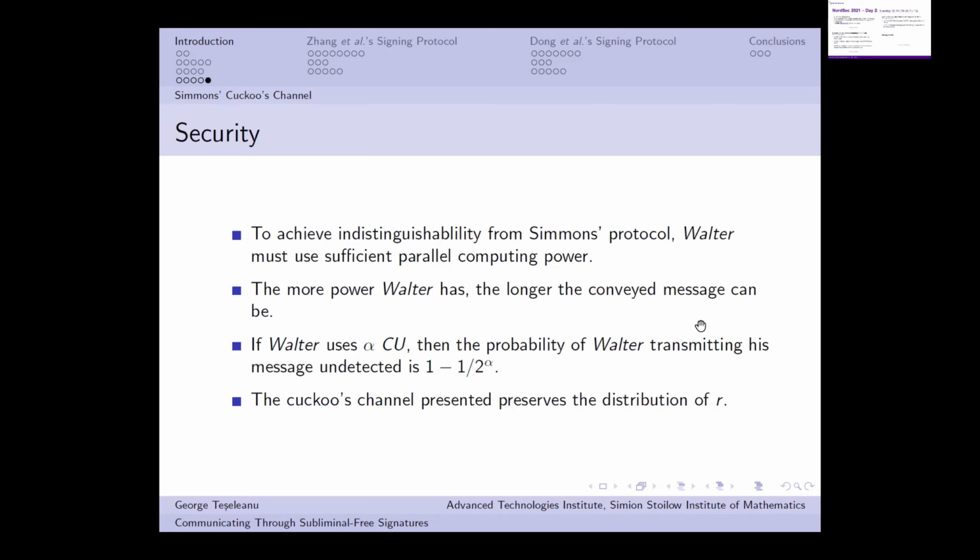So if Walter uses alpha computing units, then the probability of Walter transmitting his bit undetected is 1 minus 1 over 2 to the power alpha. Another important thing is that the cuckoo channel must preserve the distribution of R. In this case, this happens because k is randomly chosen, as in the original protocol. So there is no discrepancy here.